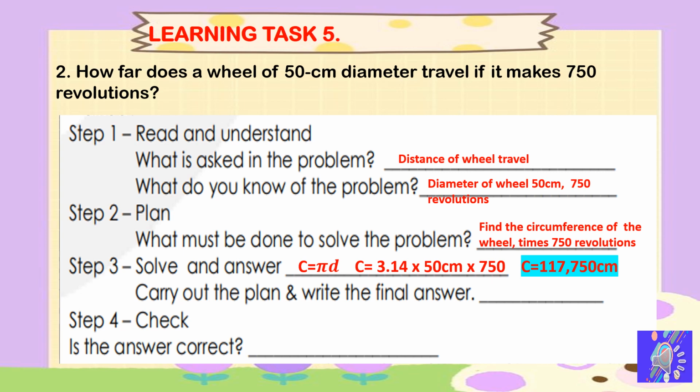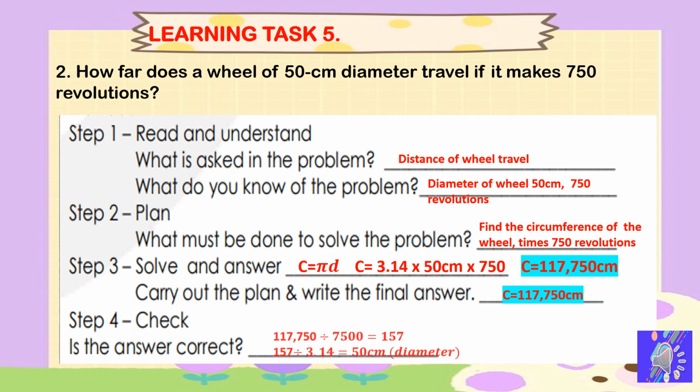So the value of pi is 3.14, then times 50 centimeters, then times 750 revolutions. And that is equivalent to C equals 117,750 centimeters, and that is our final answer.